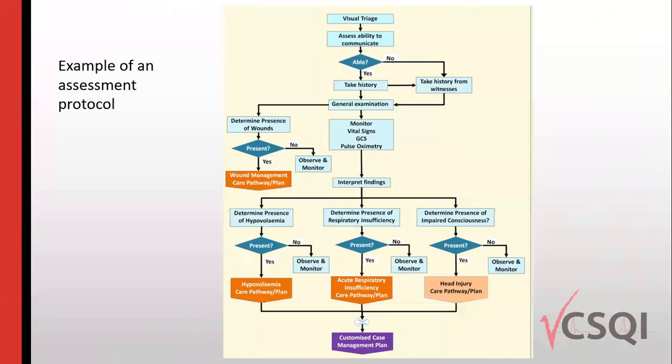And so this is just a step-by-step assessment to understand where the patient's signs and symptoms lead you in terms of understanding the degree of injury, and then the type of pathway that might be necessary. That's down at the bottom there: hypovolemia, acute respiratory insufficiency, or head injury.